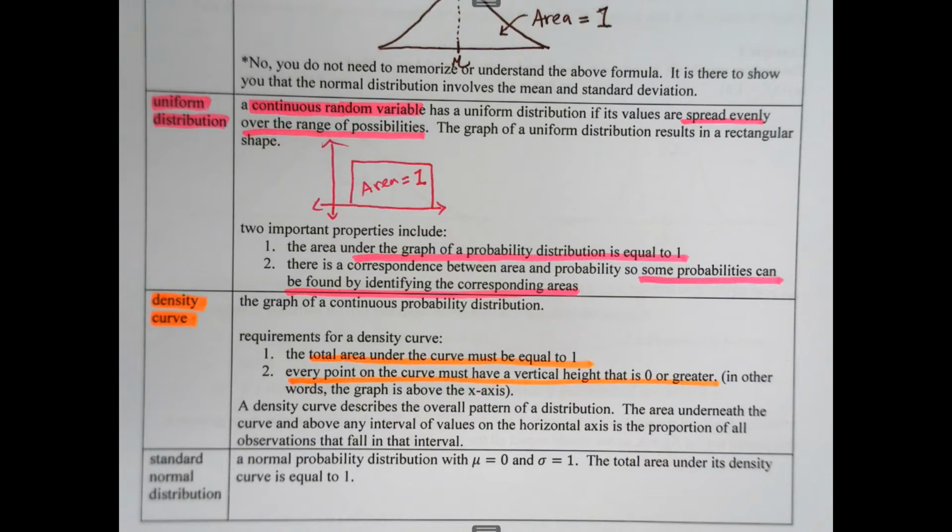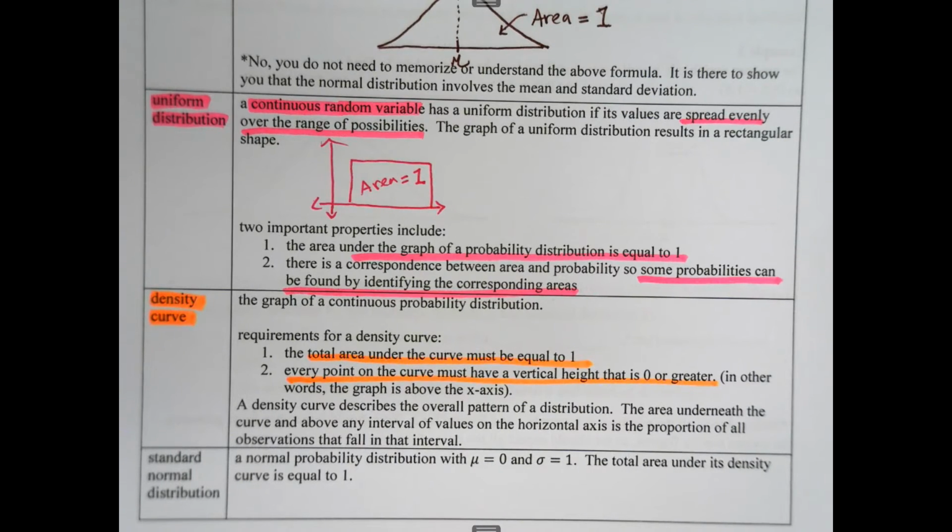A density curve describes the overall pattern of a distribution, and the area underneath the curve and above any interval of values is the proportion of all of the observations that fall in that interval. Essentially, a normal distribution and a uniform distribution can be considered types of density curves. The uniform distribution, yes, it isn't a curve, it's a straight-sided figure, but we can still think of it as a curve.